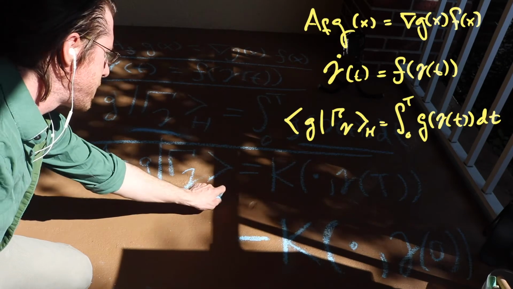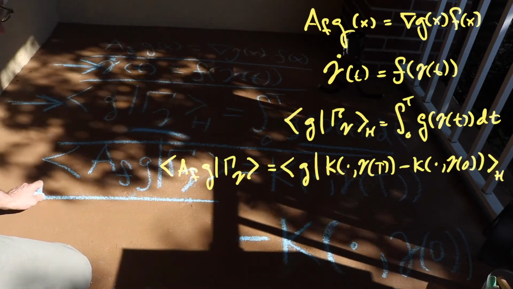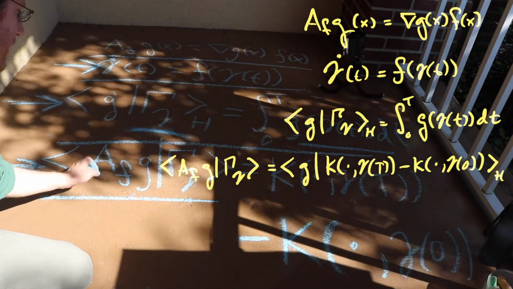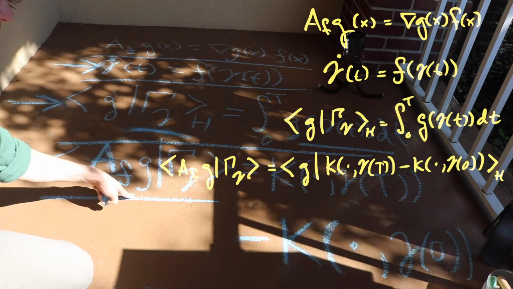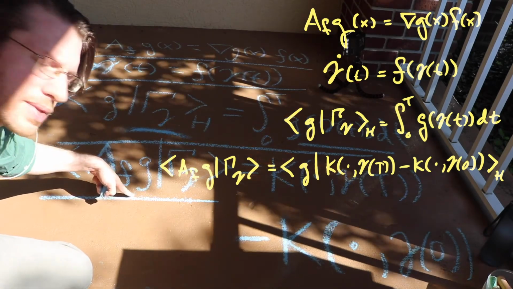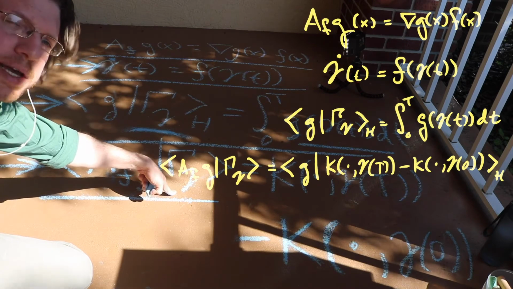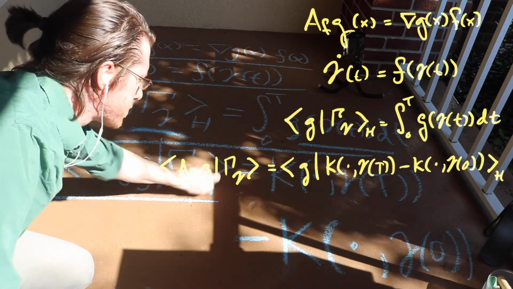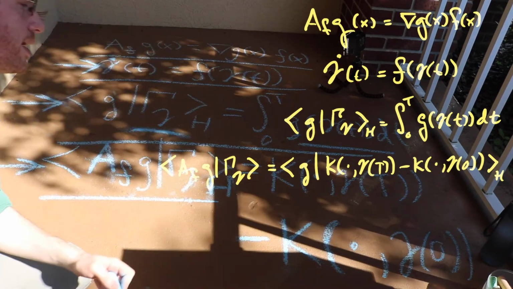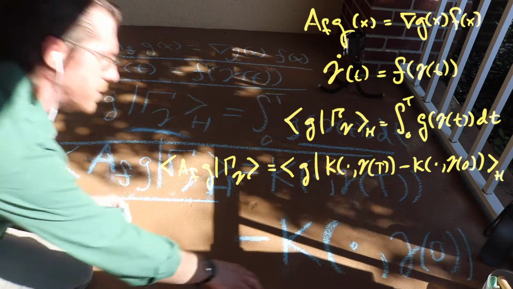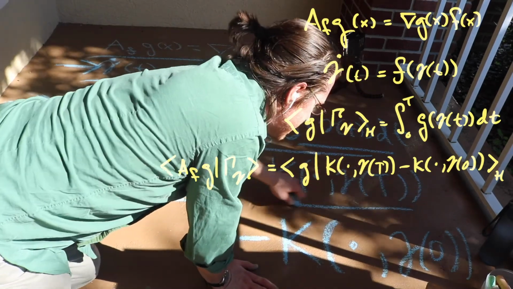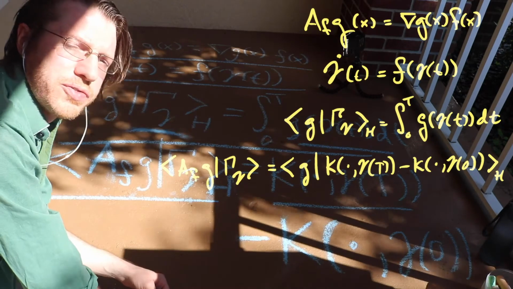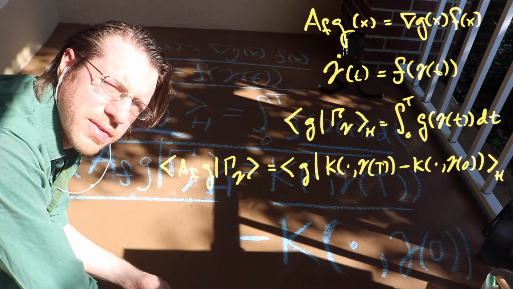But basically, we can see that the inner product between the Liouville operator acting on a function in its domain and one of these occupation kernels, in some sort of Hilbert space, is basically going to result in a difference of two different kernel functions, one at either endpoint of the trajectory.